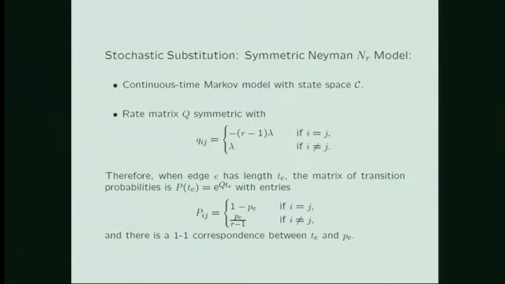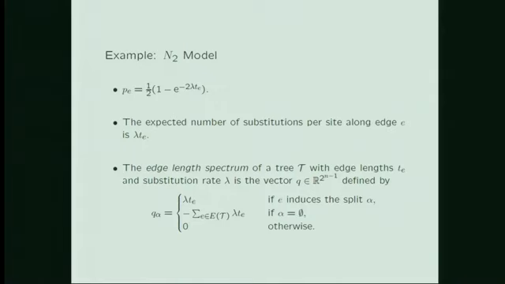Because of the special form of Q, it has constant entries down the diagonal and constant entries in the off diagonals, and there is a one-to-one correspondence between this probability P_e, which I will later use as a decision variable in the polynomial optimization problem, and physical time. So, for example, if you consider the N2 model, this relationship is given by this first line up there. It's very simple. And the expected number of substitutions per site along an edge is simply lambda times the time.